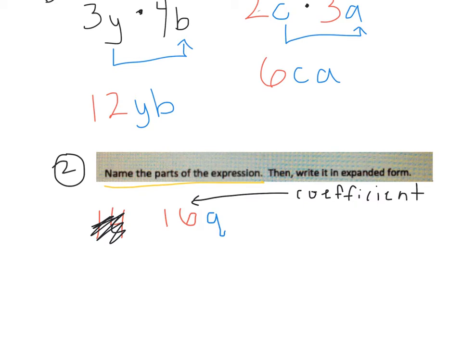Make sure that you know that is an O, that is a C. Coefficient, and this one we all know is the variable. So we're going to have the coefficient and the variable, and they're going to want you to name those parts of the expression on the exit ticket for the expressions that they give. This is just the example expression, remember that. And then you have to write it in standard form or expanded form.